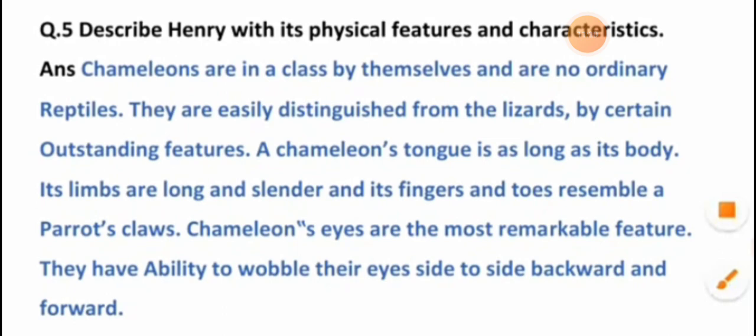Its limbs are long and slender, and its fingers and toes resemble a parrot's claw. The chameleon's eyes are the most remarkable feature that we already mentioned. They have the ability to wobble their eyes side to side and backward and forward.